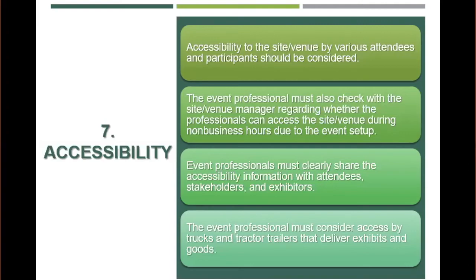So if you have trucks that will be delivering huge canopies and exhibition boxes and equipment, it will be difficult for them to access it. So you have to make sure that the event space that you are using is accessible to trucks, tractors, and trailers that will be delivering logistics and equipment for the event.